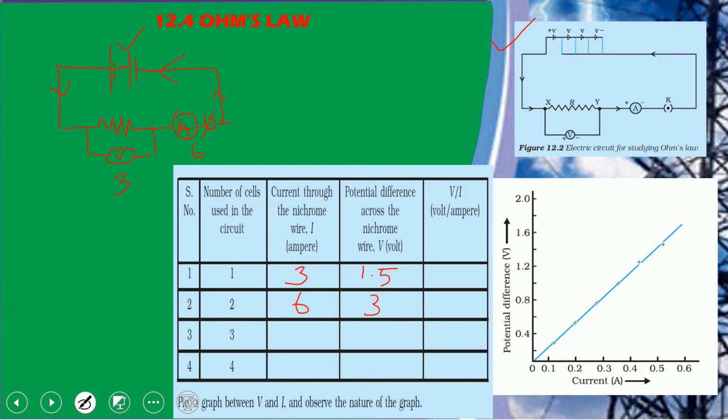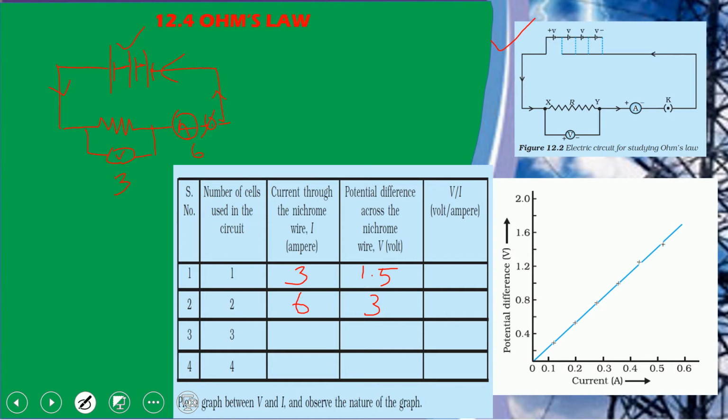Now again I am going to connect one more cell, positive then negative. Now one more cell is connected.